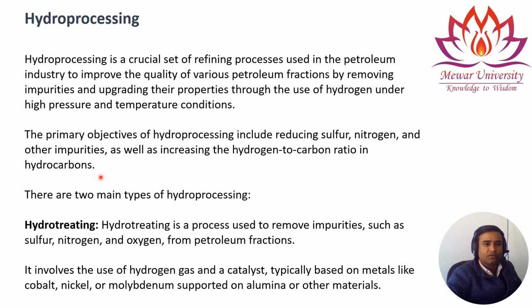So let's talk about hydrotreating. Hydrotreating is a process used to remove impurities such as sulfur, nitrogen and oxygen from the petroleum fraction. It involves the use of hydrogen gas and a catalyst. In the presence of a catalyst, hydrogen gas is used in hydrotreating, with catalysts based on metals like cobalt, nickel, molybdenum supported on alumina or other materials.